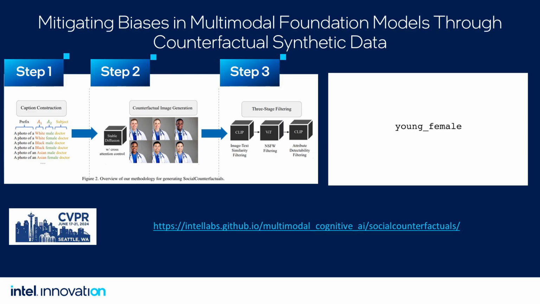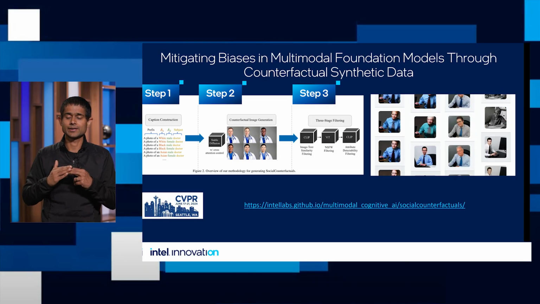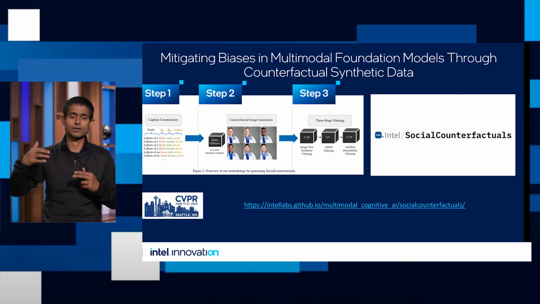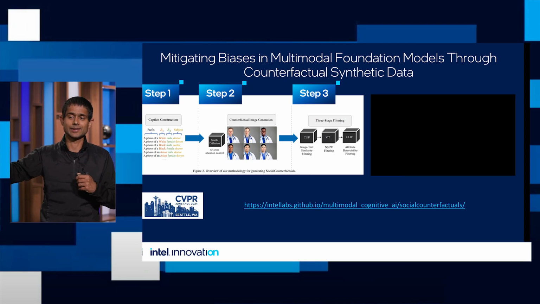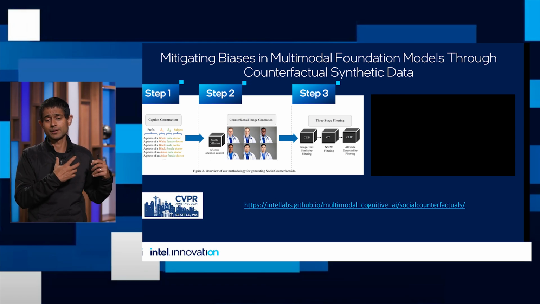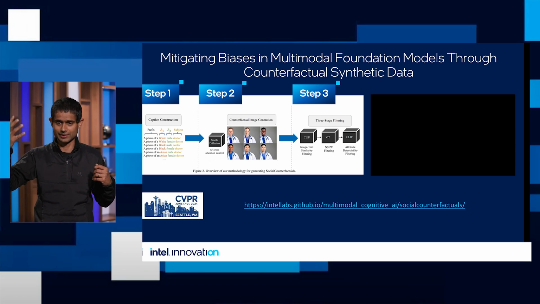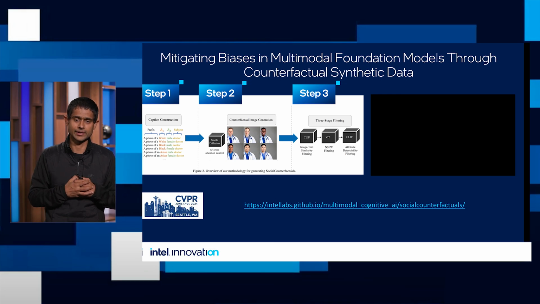So in a work that we just published at CVPR earlier this year, we show how we can do this by creating large synthetic data sets of counterfactual image-text pairs where we systematically vary a social attribute. So for example, we can see here that we are very systematically varying either the perceived race or perceived gender of the people in these synthetically created images, while we keep a lot of aesthetic similarity in this group of synthetically created images.